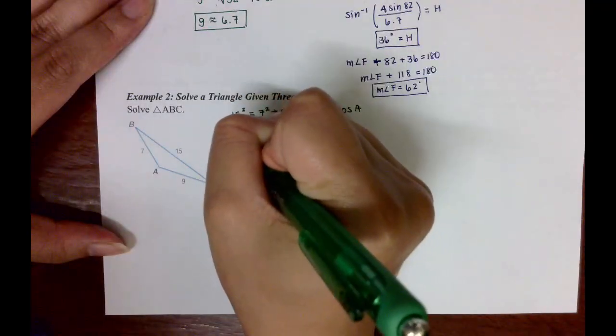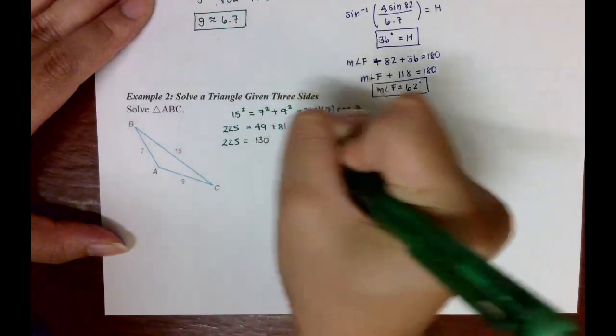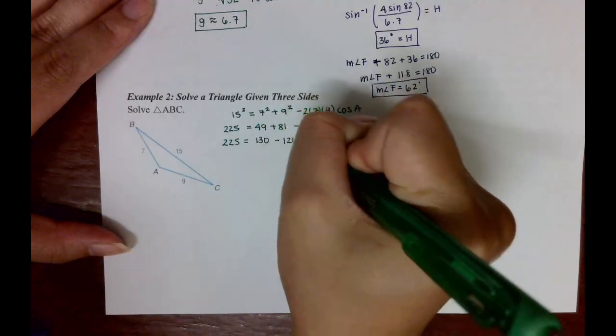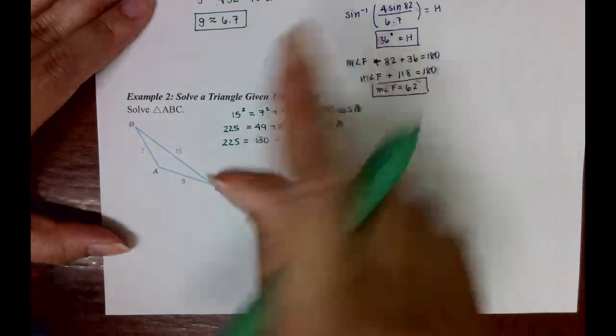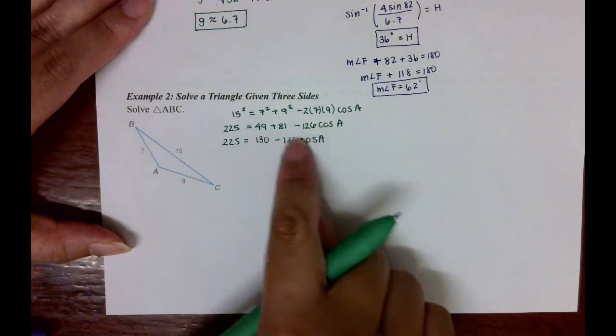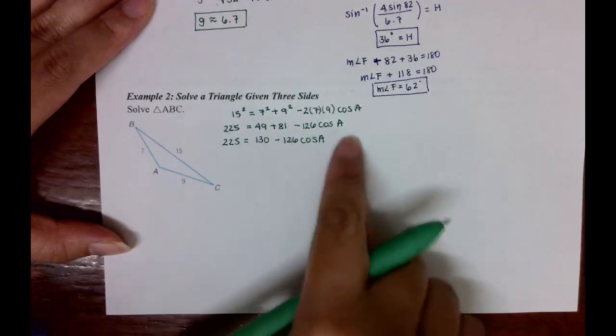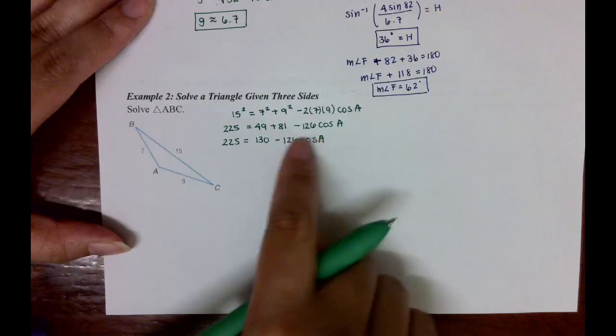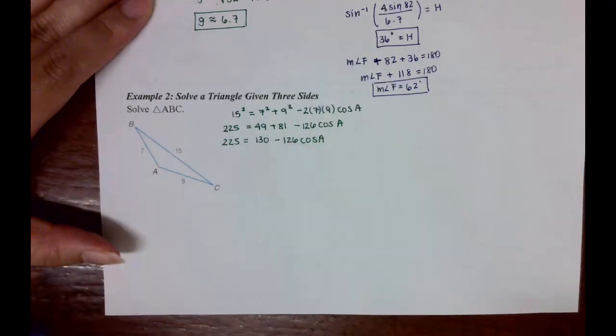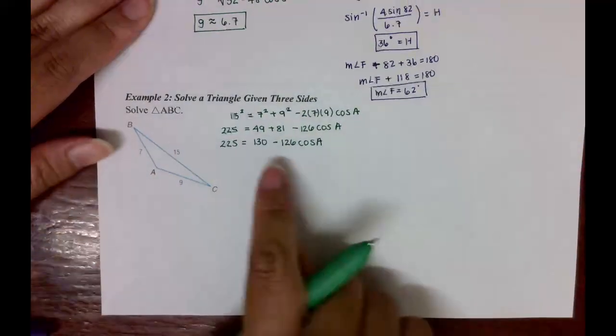So 225 equals 130 minus 126 cosine A. Again, you cannot subtract it. This is connected to the cosine by multiplication. I keep repeating that because that is what I often see as a mistake.